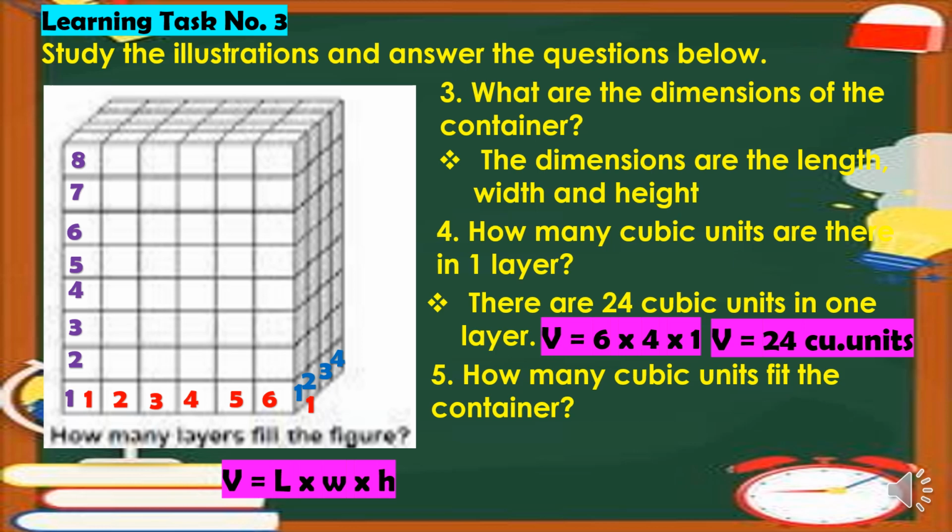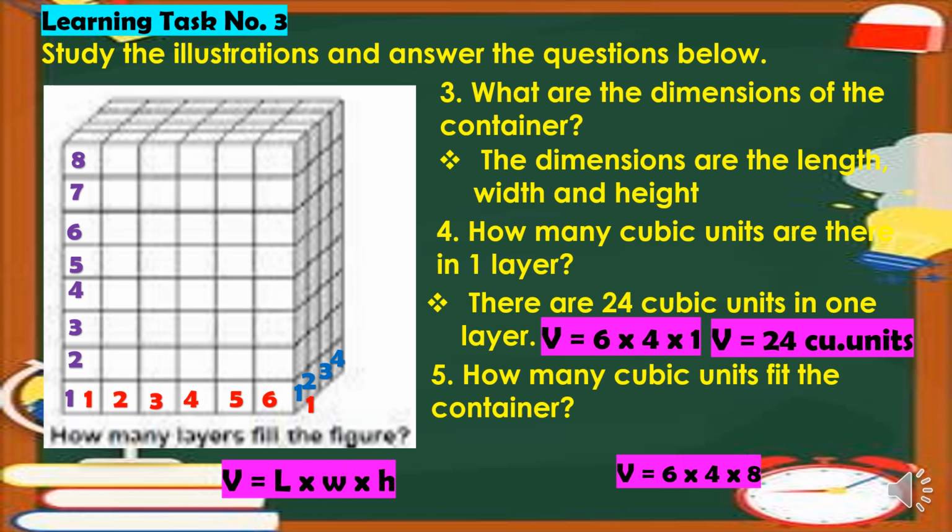Okay, now for number 5, how many cubic units fit the container? Again, we will be using the formula V is equal to length times width times height. When we substitute, magiging 8 na siya kasi yung buong container na ang tinatanong. We have 6 times 4, the same pa rin.